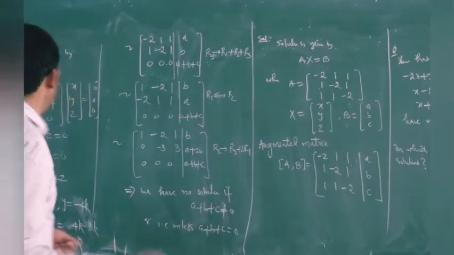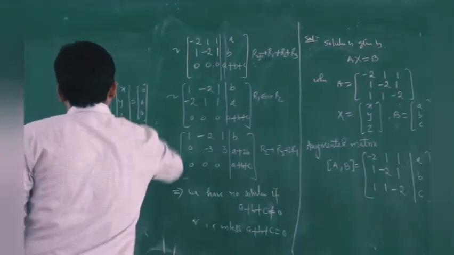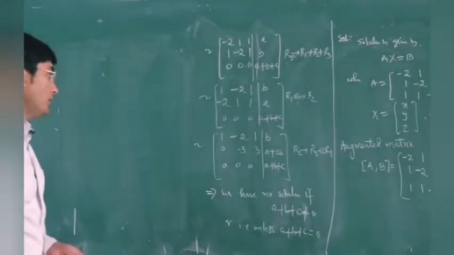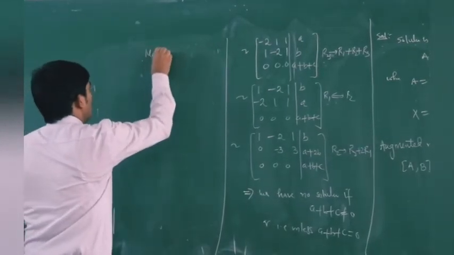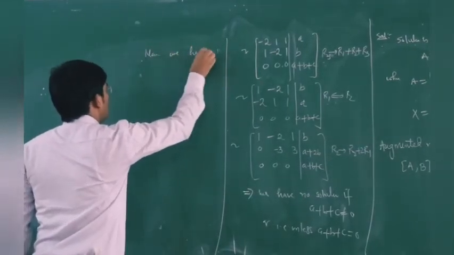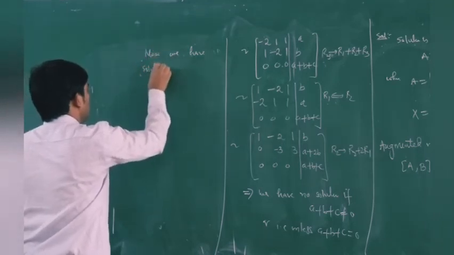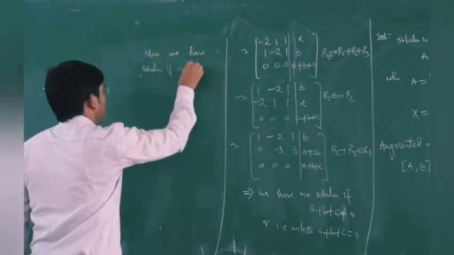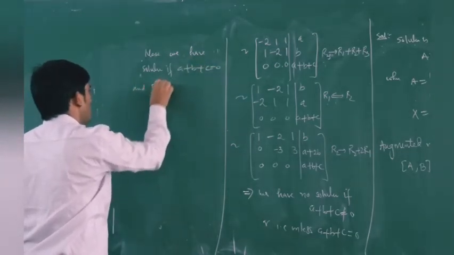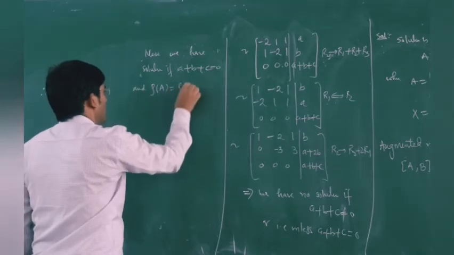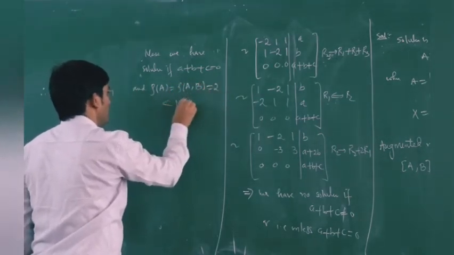So now we have a solution if A plus B plus C equals 0, and in this case your rank of A will be equal to rank of AB equal to 2, which is less than the number of variables.